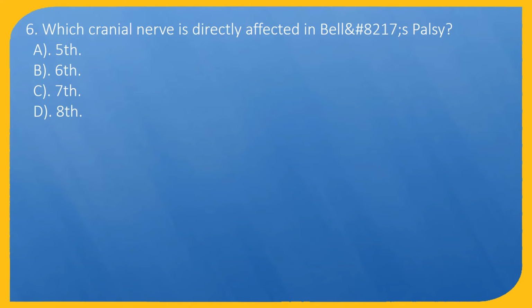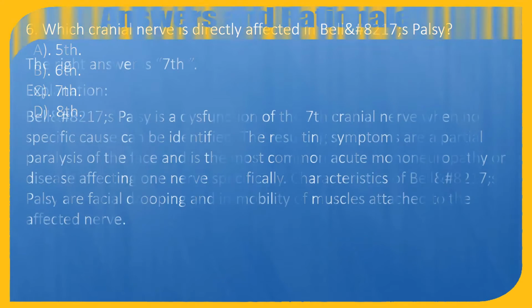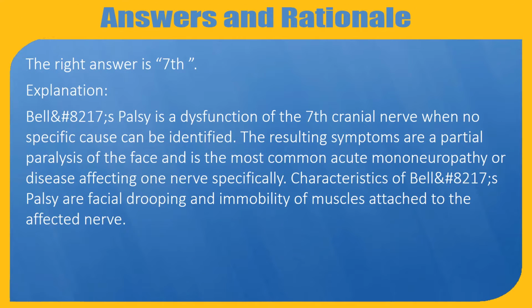Question 6. Which cranial nerve is directly affected in Bell's palsy? A. 5th. B. 6th. C. 7th. D. 8th. The right answer is 7th. Explanation: Bell's palsy is a dysfunction of the 7th cranial nerve when no specific cause can be identified.